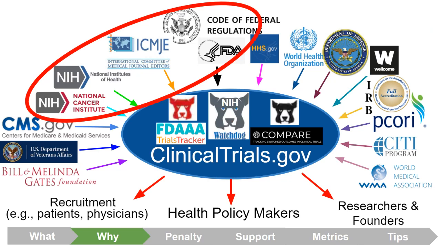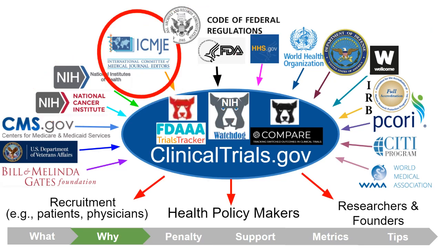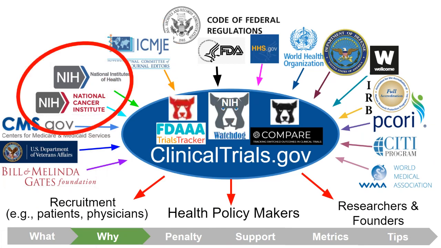One of the most compelling reasons for registering a clinical trial is the International Committee of Medical Journal Editors publication policy that requires all clinical trials for all interventions to be registered before enrollment of the first participant. So if you want to publish your study, you need to register, because most journals will reject your submission, and your manuscript will likely not go to peer review.